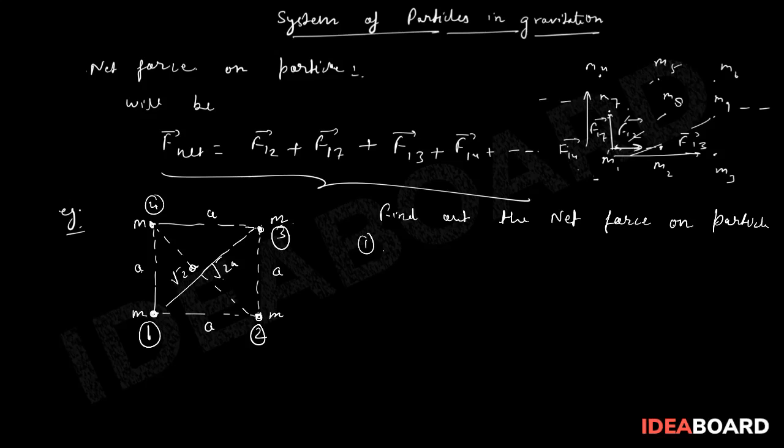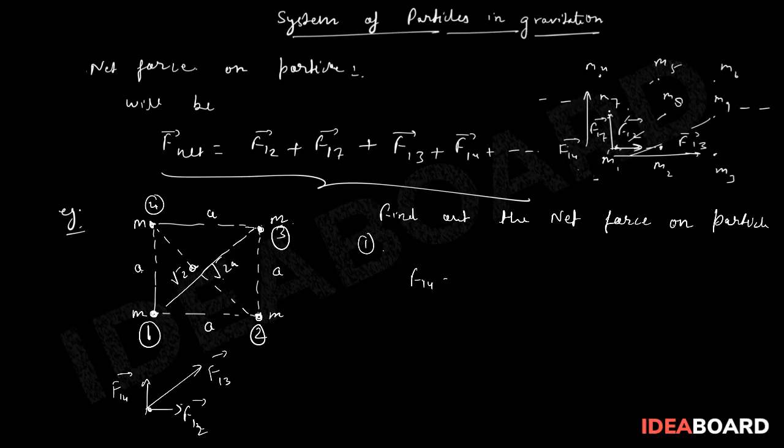So clearly if you draw the FBD, particle number 1 will have one force in this direction, due to 2, so let's say F12. There is another force because of 4, which is F14. And of course there is another force, F13.